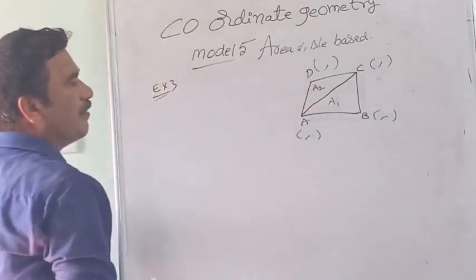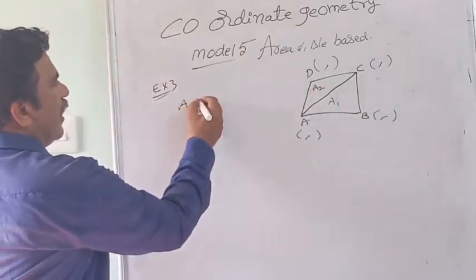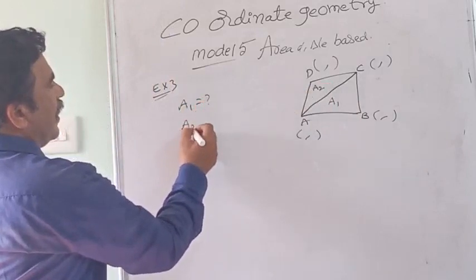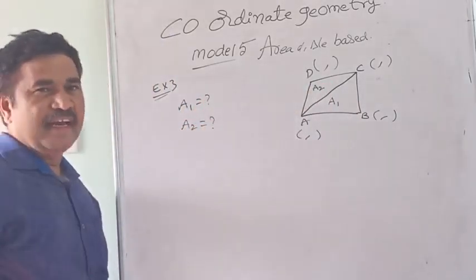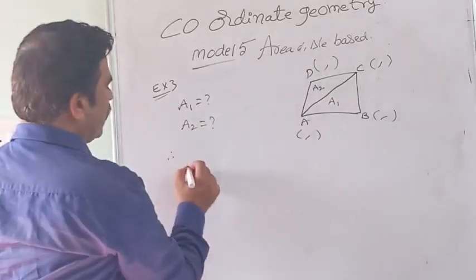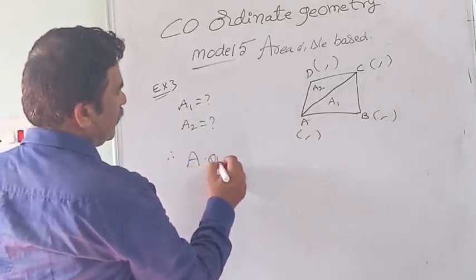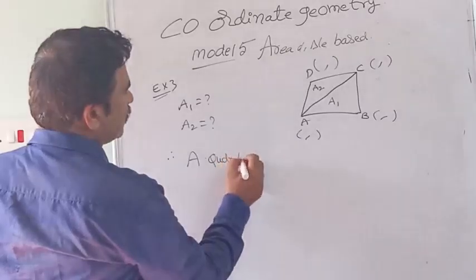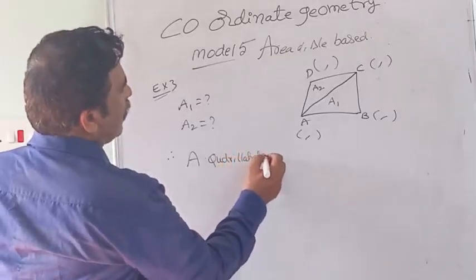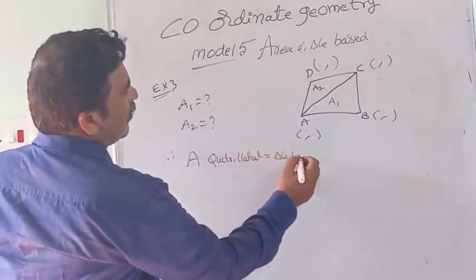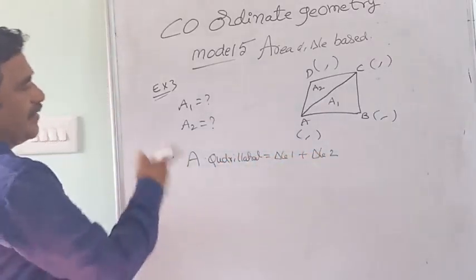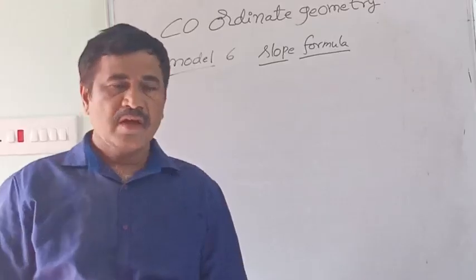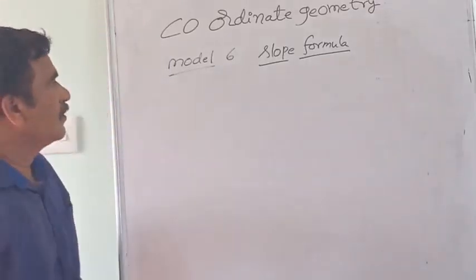Find area of triangle 1, that is, area 1 find, area 2 find. I gave you already how to find triangle area. After that, total area of this quadrilateral is equal to triangle 1 plus triangle 2 areas. Add them just.